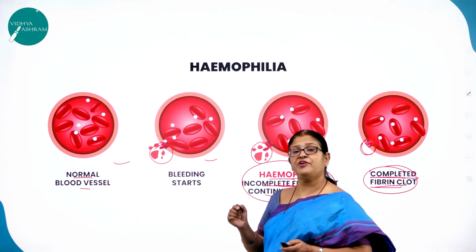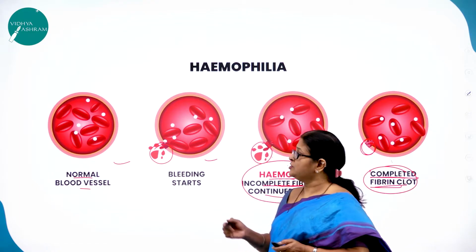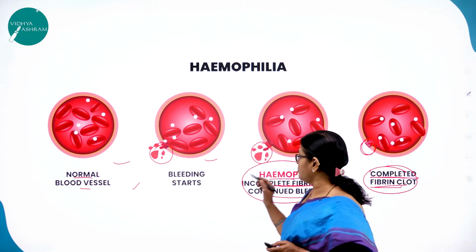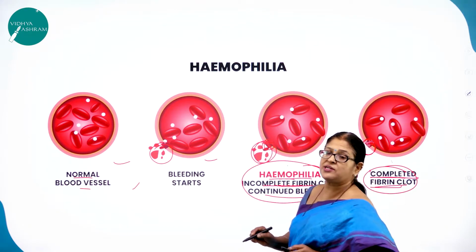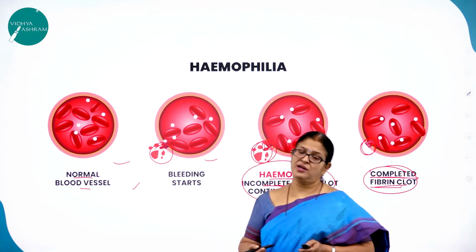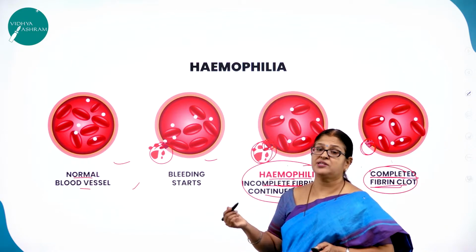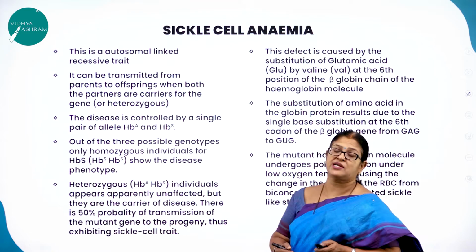So hemophilia is a very, very serious disease, we can say, right? You can see in this picture that when the normal blood vessel ruptures, clotting will happen, but in this case there is no clotting. That is the reason there is profuse oozing or prolonged bleeding. Hence it is also called Bleeder's disease. Moving on to sickle cell anemia.